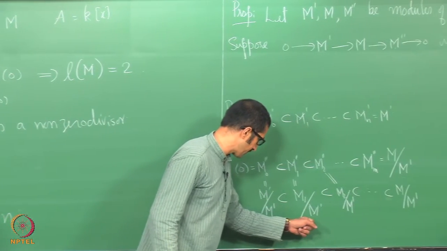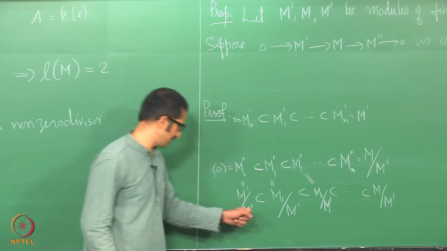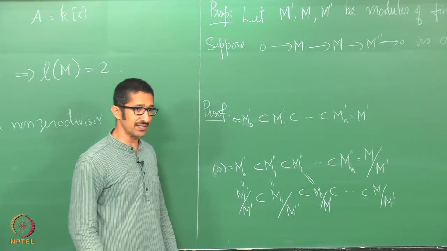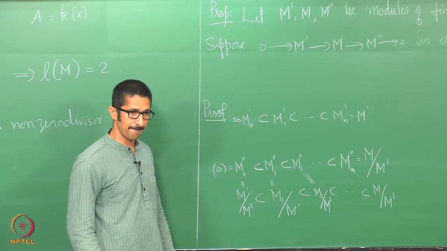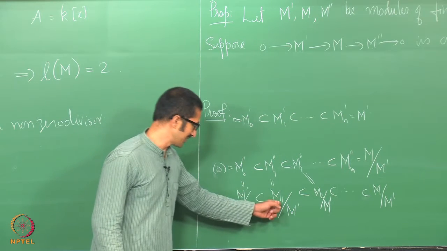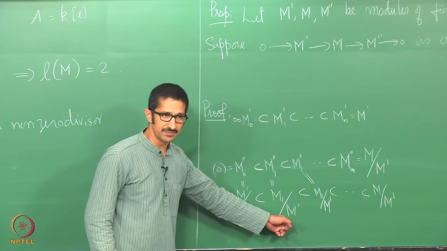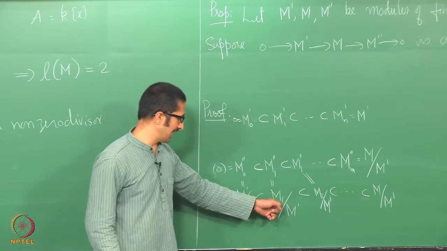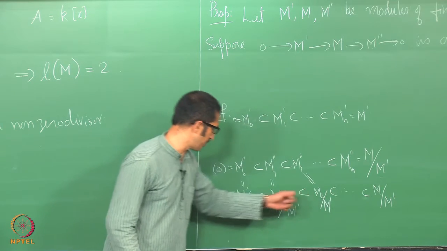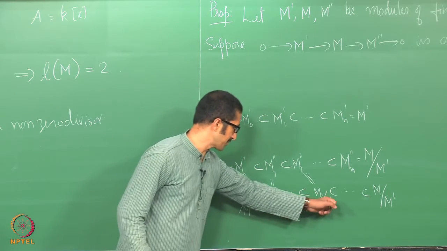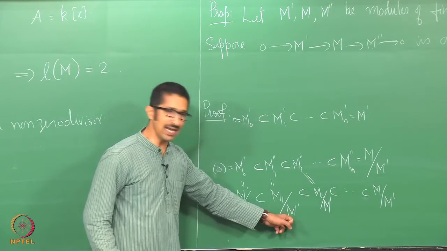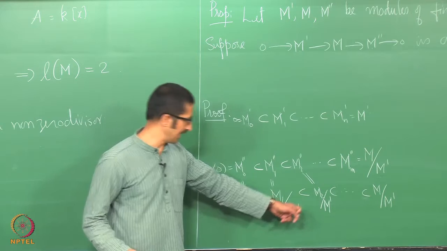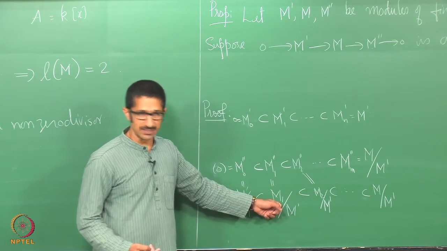Now look at this quotient, M1 double prime mod M naught double prime. What is that? This is the same as M2 mod M1, which is the same as M2 mod M prime over M1 mod M prime. Therefore that is simple. M2 mod M1 is simple.